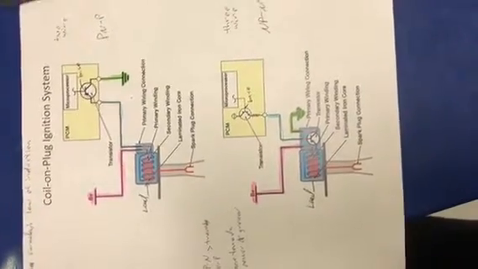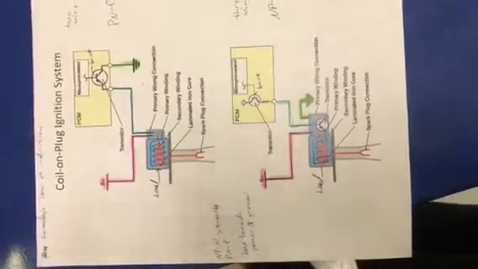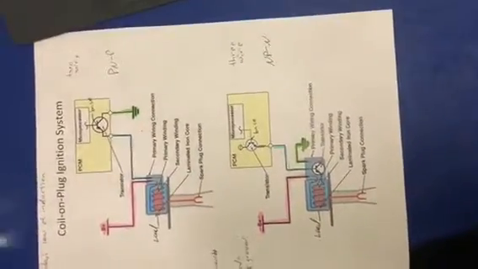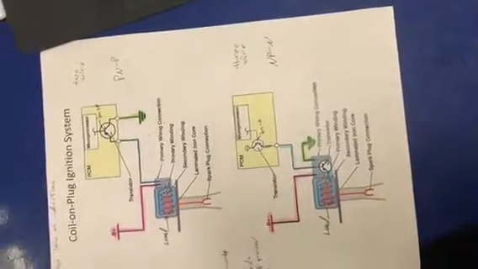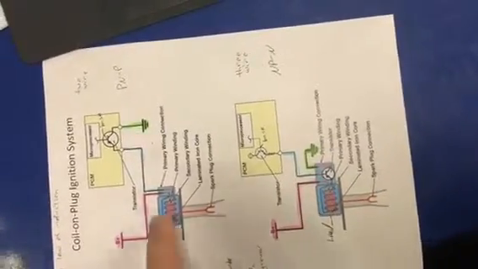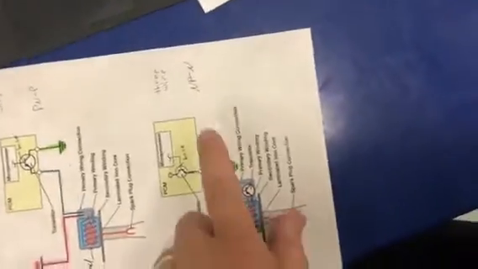The difference being is which way the base of the transistor is pointed, which is whether it's pointed towards power or ground. The 2-wire system was a PNP, and the 3-wire system was an NPN.